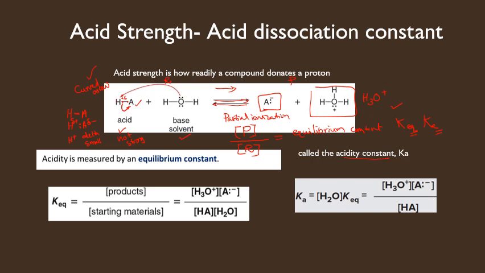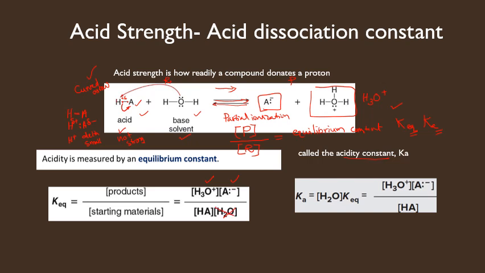So what are the products here? We have A minus and the hydronium ion. And what are the reactants? We have water and the acid. We never use the water concentration in the equilibrium expression, so we don't consider it.